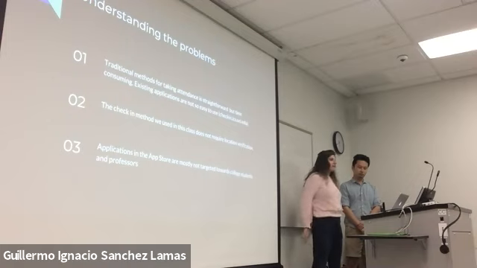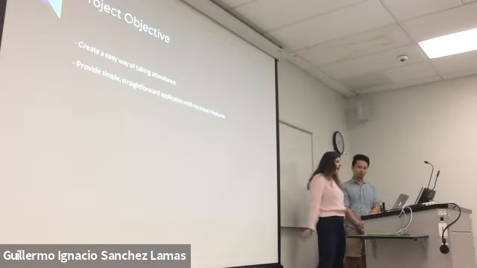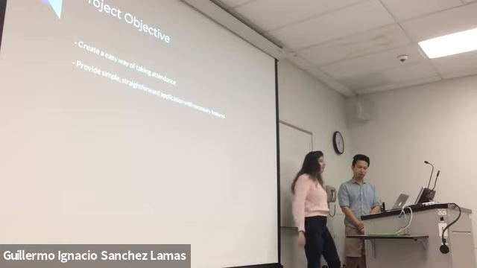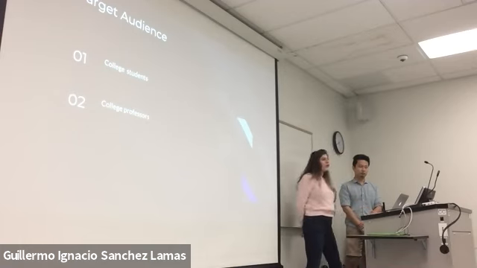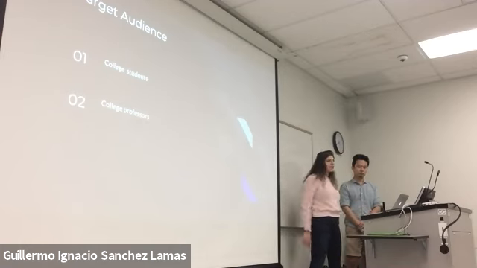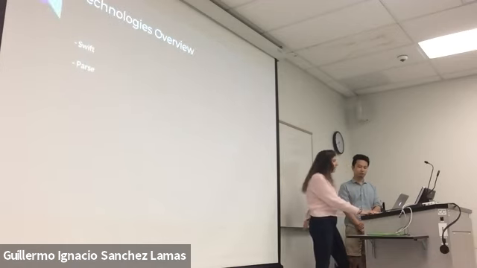So we're trying to make it more accessible to check attendance in a free way. We want to provide a simple and straightforward application to solve this problem. The target audience for our application is college students and college professors. We use Swift and Parse to make our application.